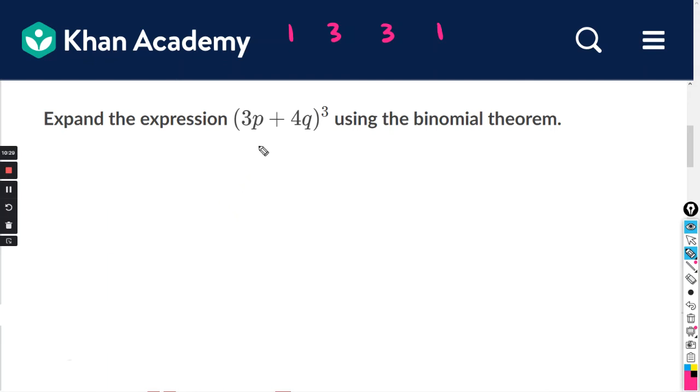Okay, just like last time, we're going to write out the product of each of these terms. Okay, and make sure you maintain the plus minus sign, but in this case, they're both positive. So let's see. We're going to leave a blank space like last time. We have 3p times 4q.